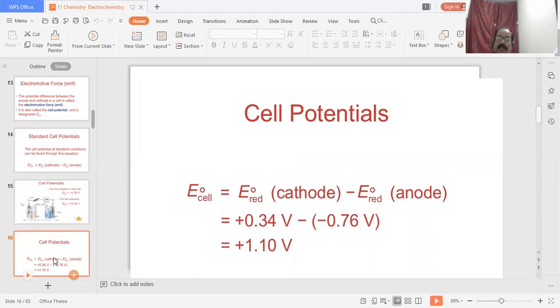So the E naught red of the anode equals minus 0.76. When we multiply minus minus, it becomes plus, so plus 0.34 volt plus 0.76 volt equals 1.10 volt. This is the cell potential.